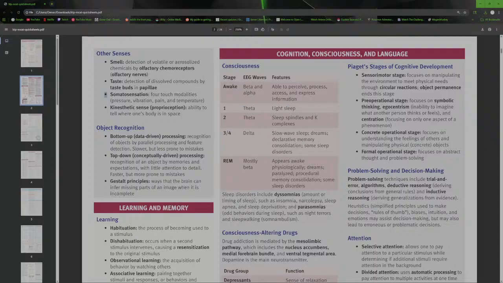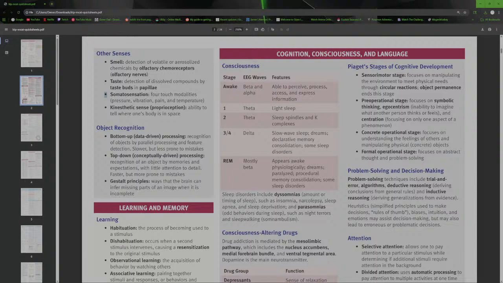Somatosensation is the 4 touch modalities, which I was talking about earlier with the homunculus. Proprioception also tells us where our body is located in space. That's using those semicircular canals for the rotation and stuff like that.